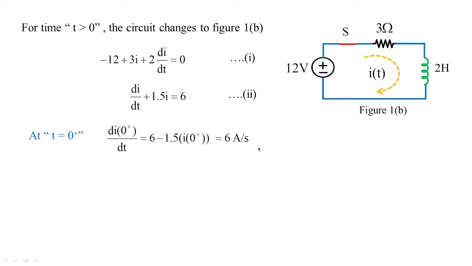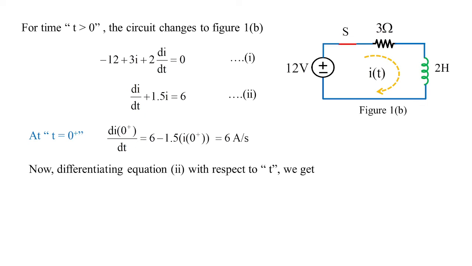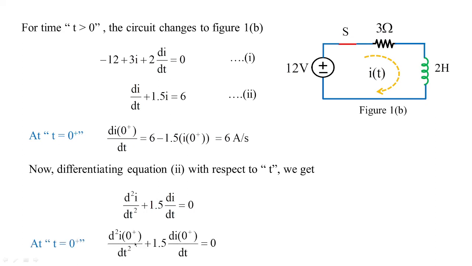Is this clear? Right. Now differentiating equation 2 with respect to t, we get d square I by dt square plus 1.5 di by dt, and the differentiation of a constant is 0, and we require the value of d square I of 0 plus by dt square. At t equal to 0 plus, I'm substituting the values.